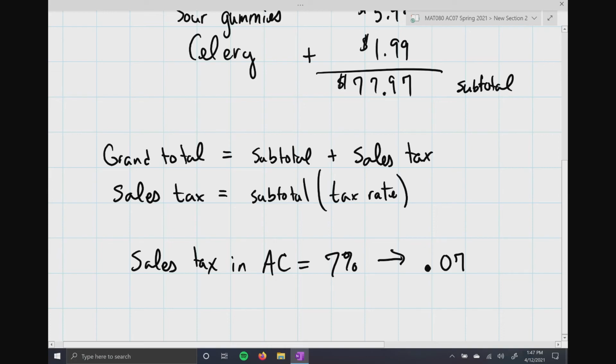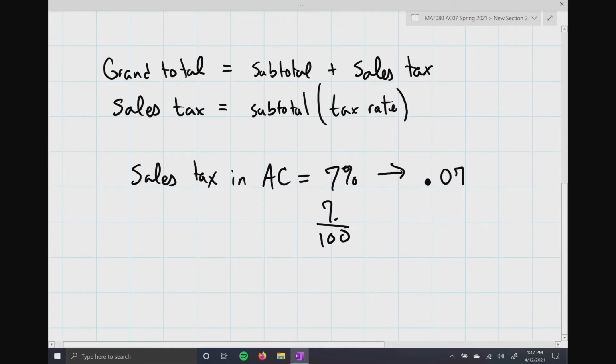So remember, to convert a percent to a decimal, you replace the percent symbol with per 100 or over 100. And since we're dividing by 100, you move the decimal place 2 places to the left. So 0.07. How are we looking so far? Pretty good? Pretty straightforward?